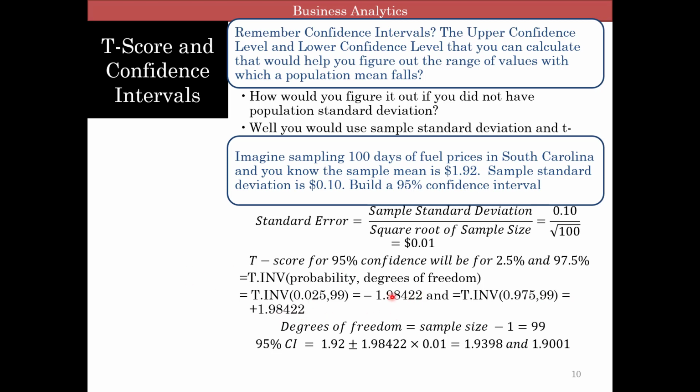Again, you can look at this as negative, this is positive. Degrees of freedom is sample size minus 1. And so you can build your confidence interval by taking 1.92, which is the sample mean, plus or minus the margin of error. And margin of error is your t-score multiplied by standard error, which gives you this confidence interval.